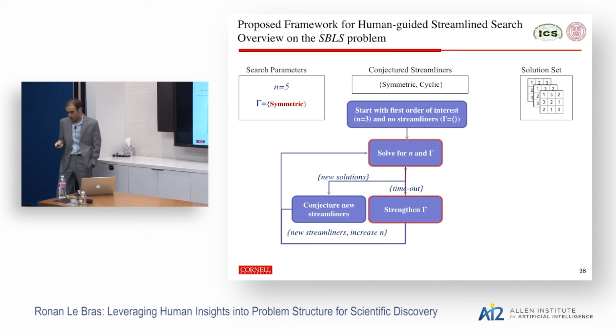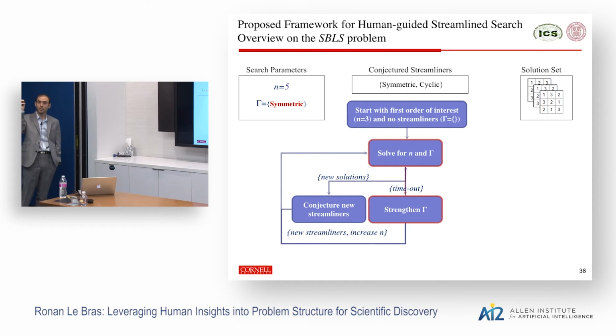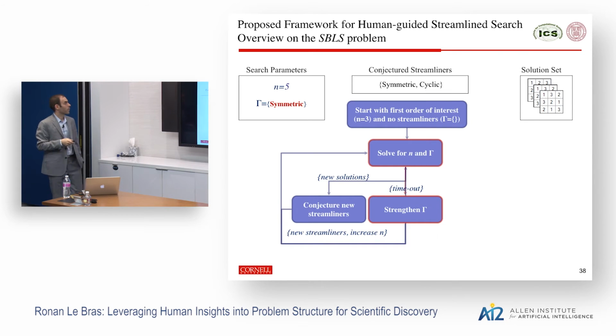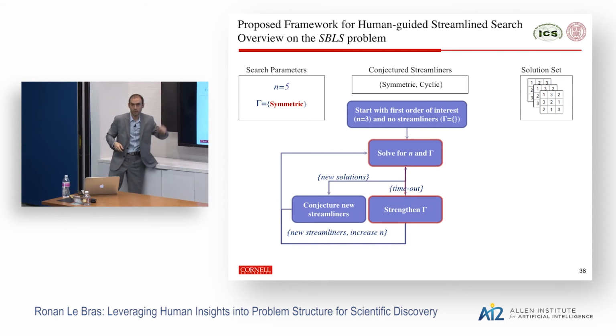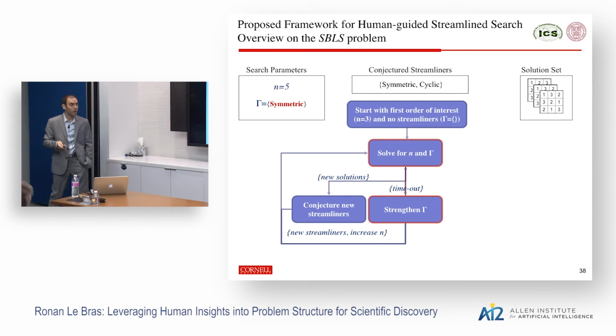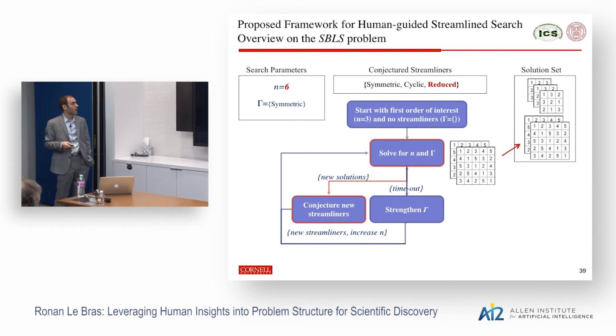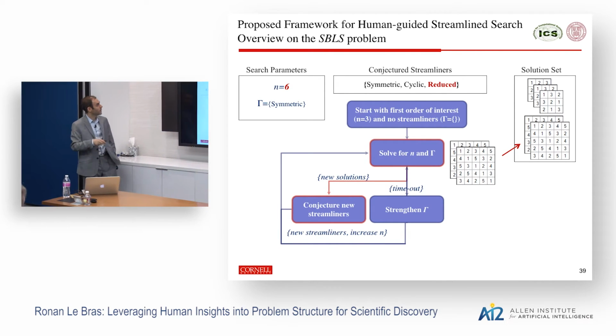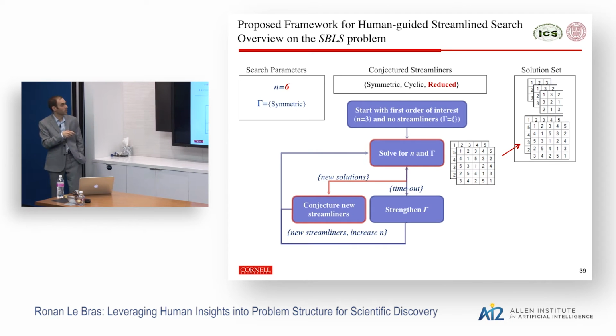So after that, you try and solve for 5, but cannot generate any solution. So now you are going to also make sure that you look for solutions that are symmetric. And then you run the search again. Then basically going up to order 6 this time, looking for combinatorial objects of order 6.